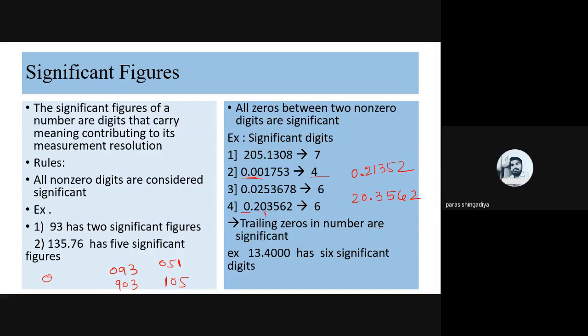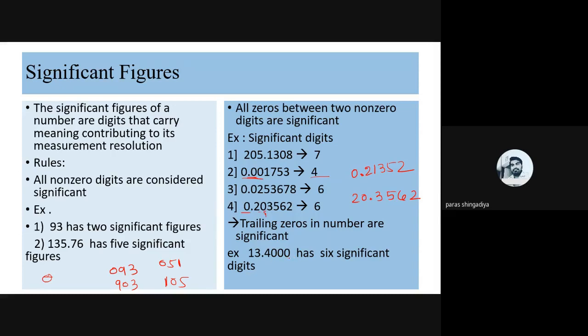And trailing zeros in a number are also significant, meaning the last digits. If there is a zero there and the starting value is non-zero, then we can count it as a significant digit. One example is given here: 13.4000.